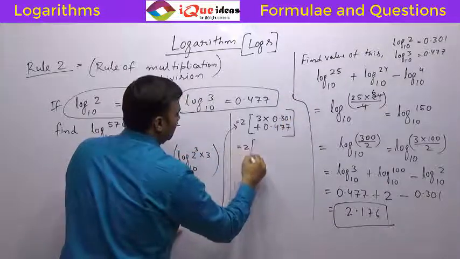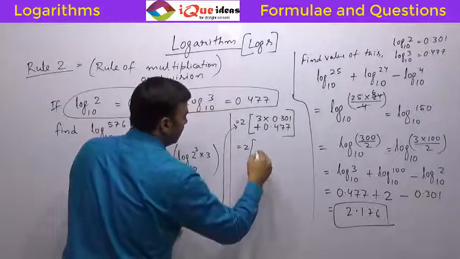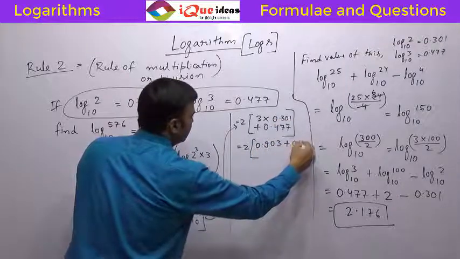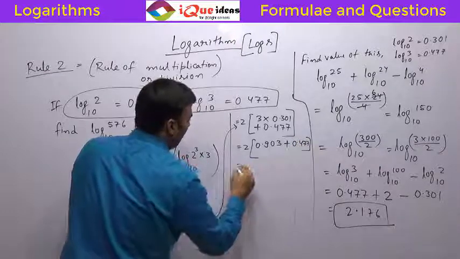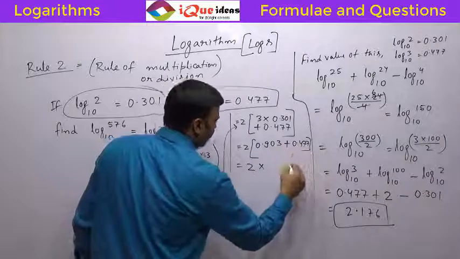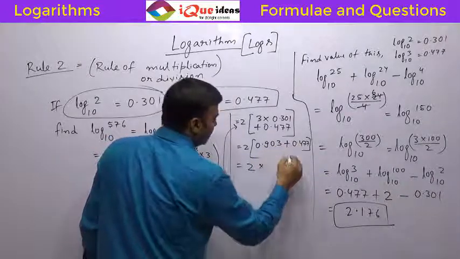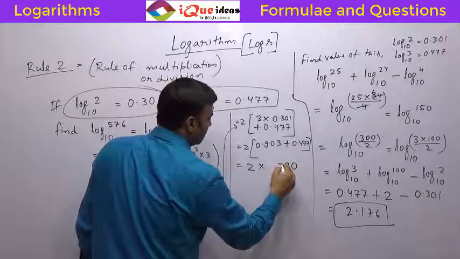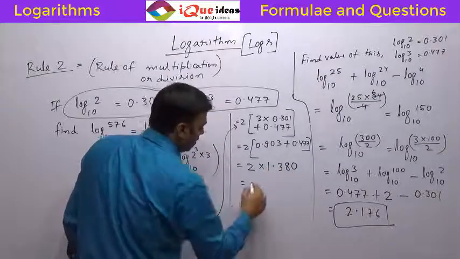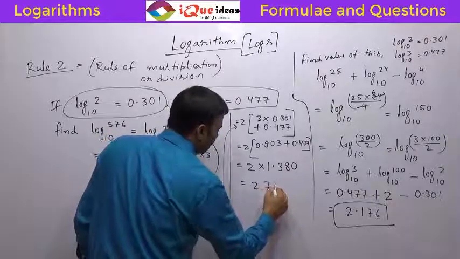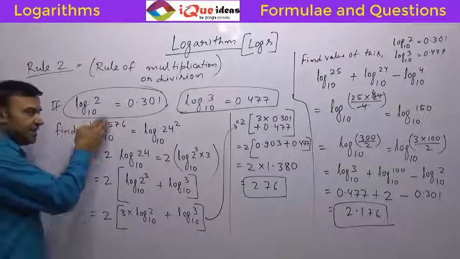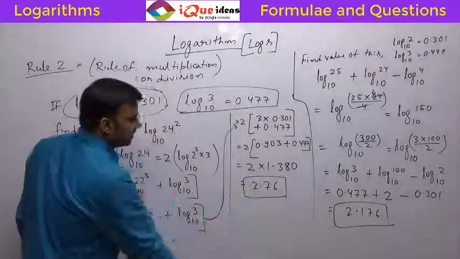So it is 2 into, now 3 into 0.301 is 0.903, plus 0.477. If you add, you get 3 plus 7 is 10, 0 plus 1 plus 7 is 8, 9 plus 4 is 13, so it is 1.38. So the final answer is 2 into 1.38, which is equal to 2.76. So log of 576 to the base 10 is 2.76.